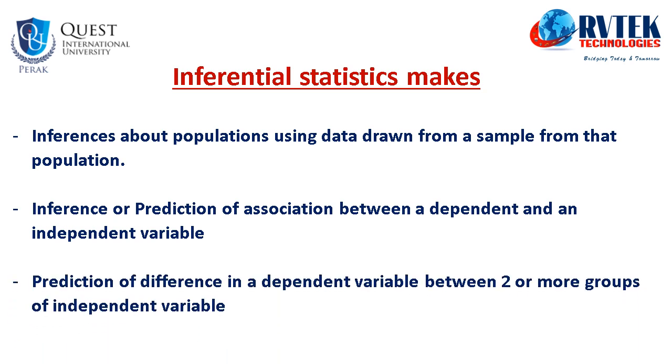Third one, prediction of difference in dependent variable between two or more groups of independent variable. So we are predicting if there is a significant difference in dependent variable between two groups or more than two groups, and if there is a significant association between a dependent variable and independent variable. These are the main things we are getting from the inferential statistic.